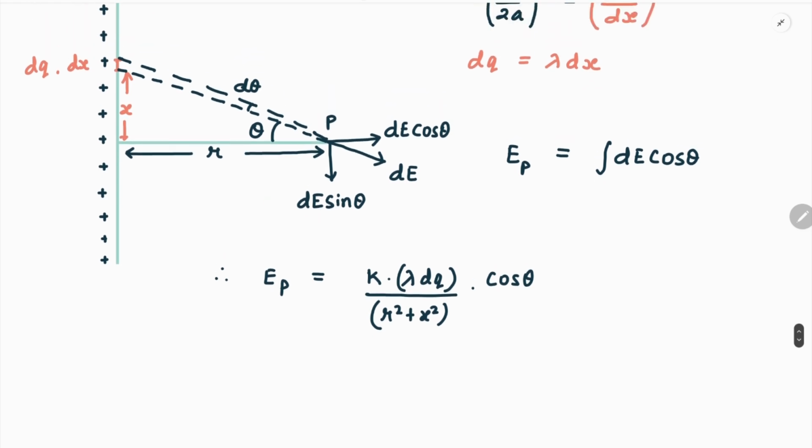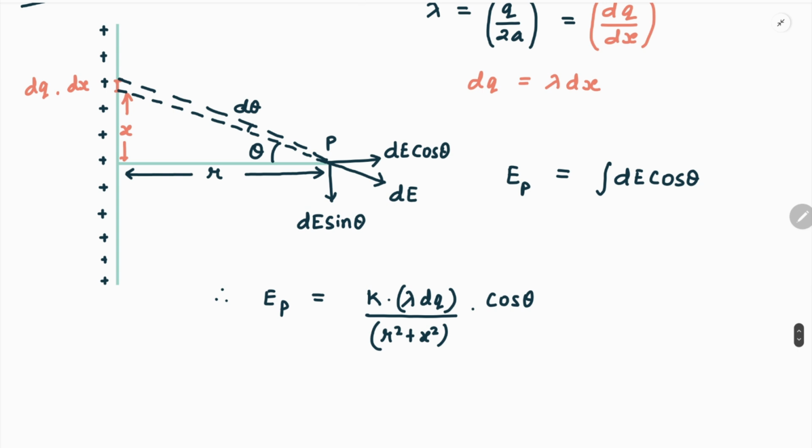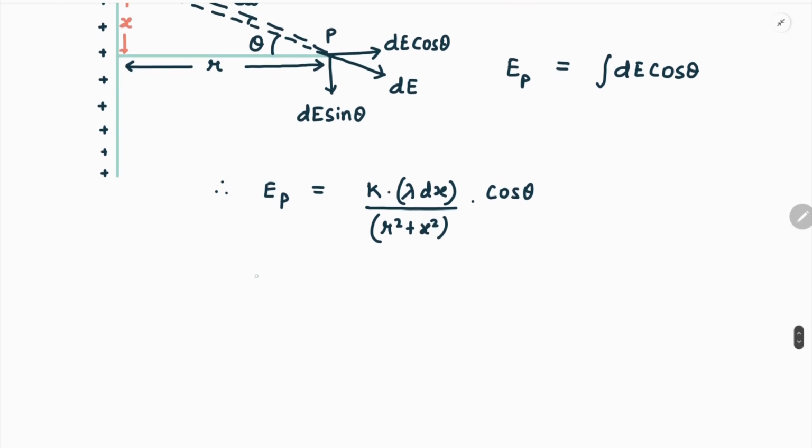If we place the value dq as lambda dx, we get k lambda dx by r square plus x square, times the cos theta component. So now we need to put dx and theta in agreement with each other. So we are using the substitution method.